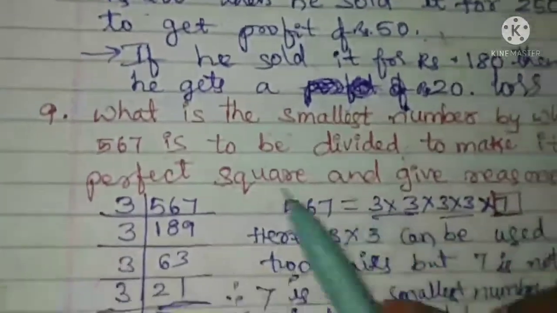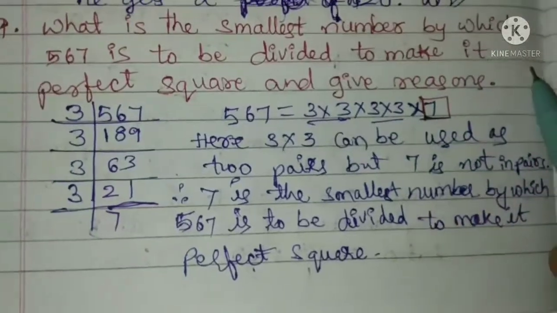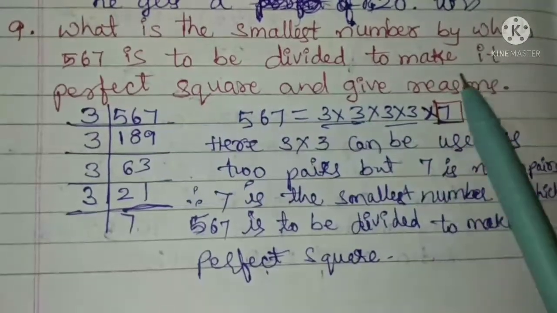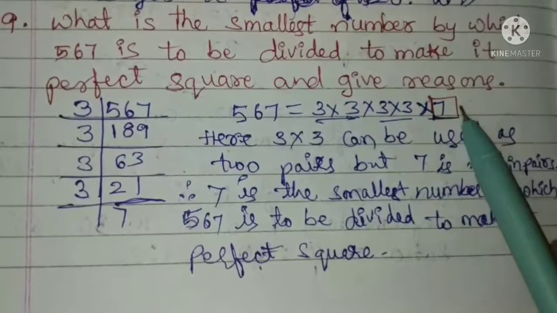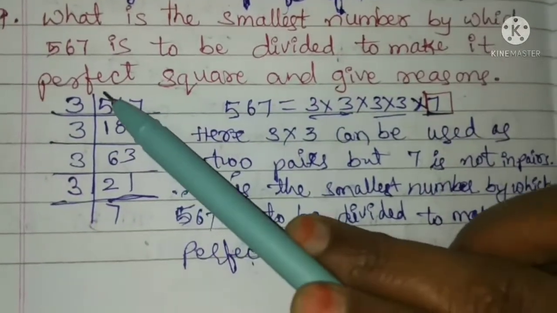Next, 9th question. What is the smallest number by which 567 is to be divided to make it a perfect square, and give reasons. For this, we have to find its prime factors.